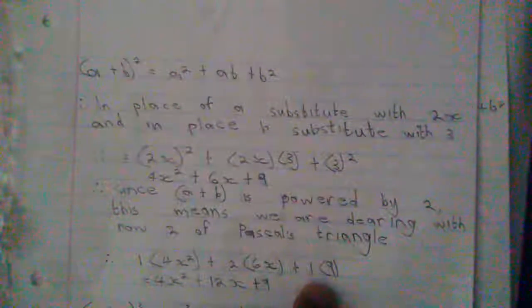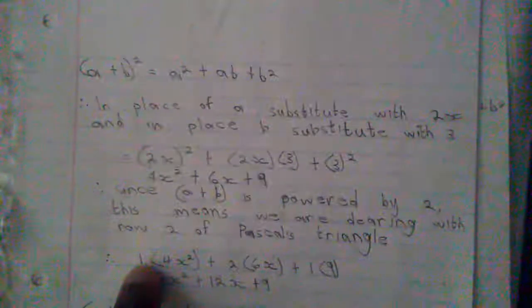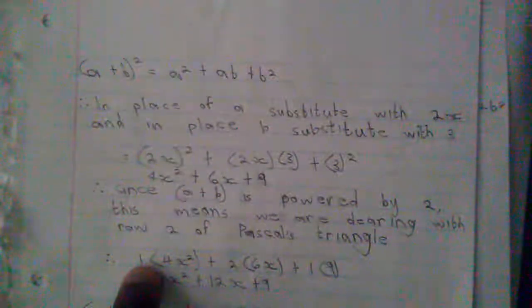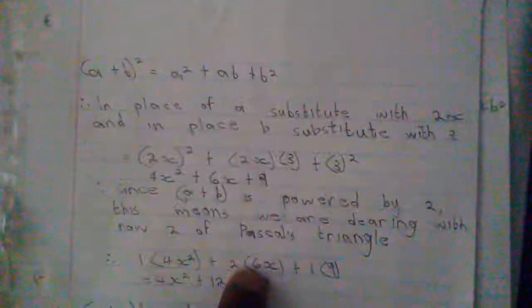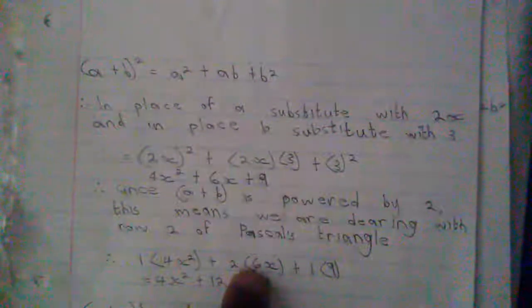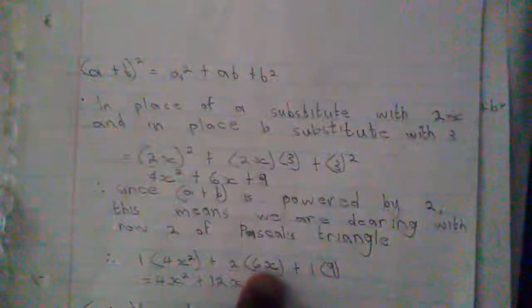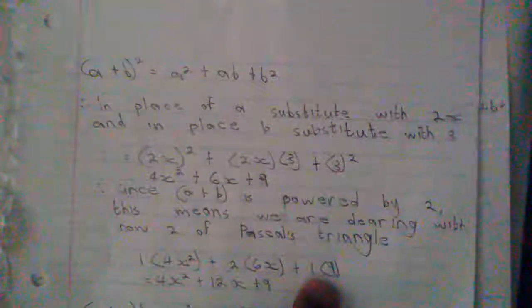So we multiply a squared by 1, we multiply ab by 2. This comes back to the same idea that it was supposed to be a squared plus 2ab plus b squared. And then we multiply b squared by 1.